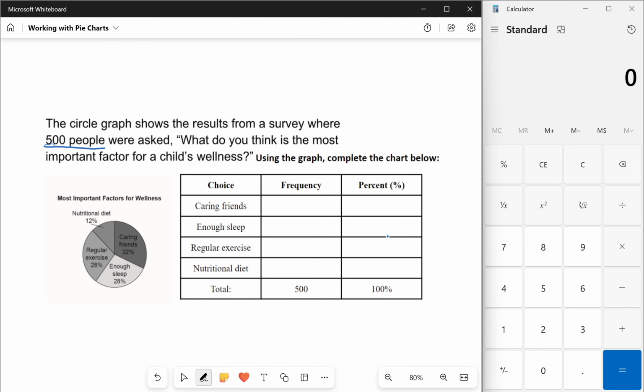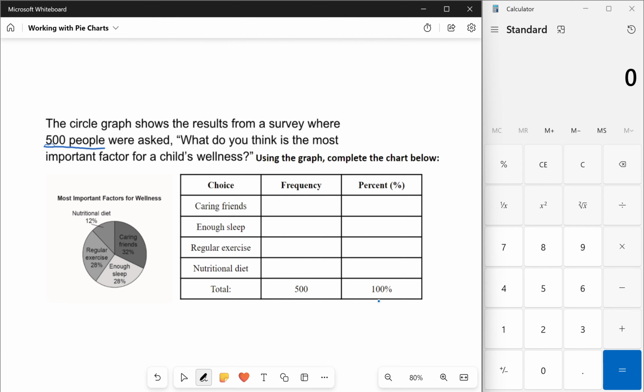Now, let's start filling in our chart because we can see that it's mostly empty. I have filled in for you our bottom row, the total number of participants. We took note earlier that 500 people were participating in this survey. And the total percentage in any survey, the highest number that you can have, is always going to be 100%.